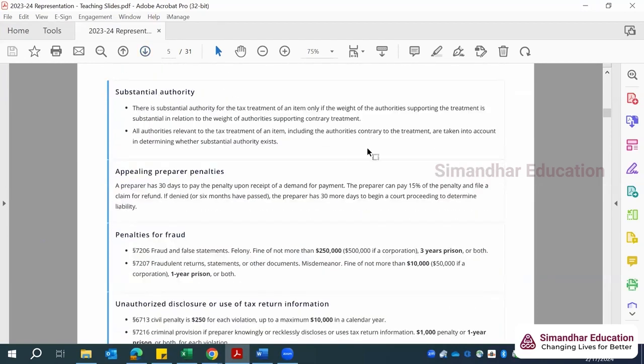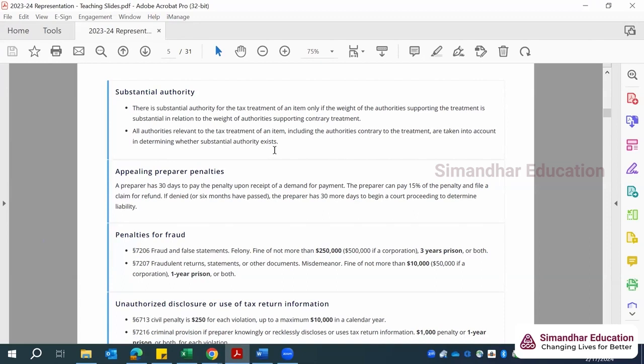I will pause here and we will do the penalty section tomorrow. So maybe whatever I have taught you today will not make so much sense because this is a first class and we have come across a lot of terminologies. But just to give you a recap, we have understood who is considered a tax return preparer: someone who's getting compensated to prepare the tax return.